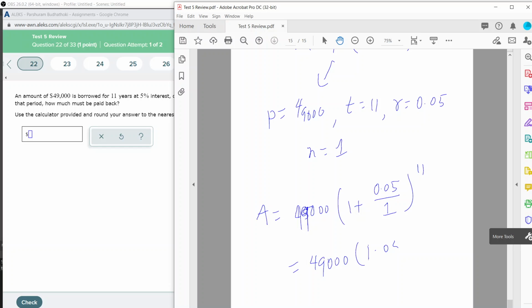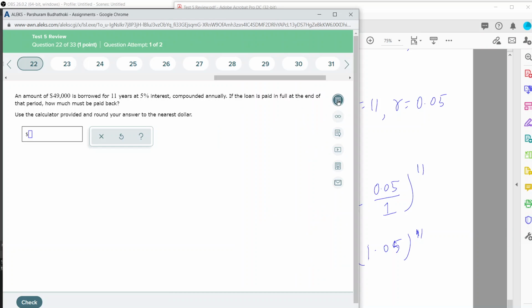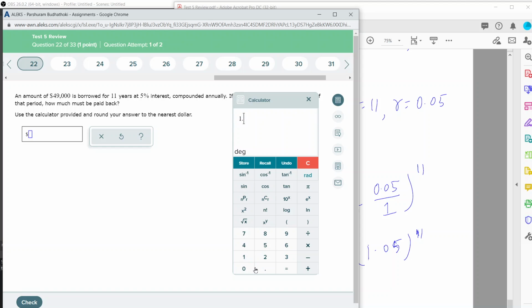So use the calculator given here. 1.05 to the power 11, equal, times 49,000.